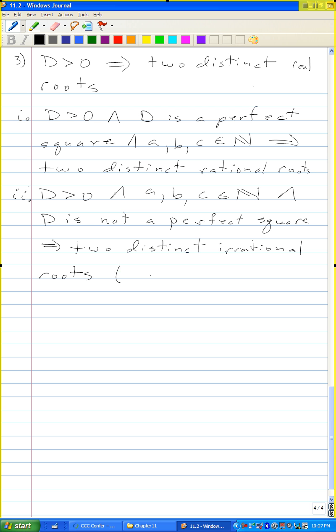And they come in conjugates. They'll be conjugates of each other. So these will be conjugate pairs. Okay, good, I finally got through with that.